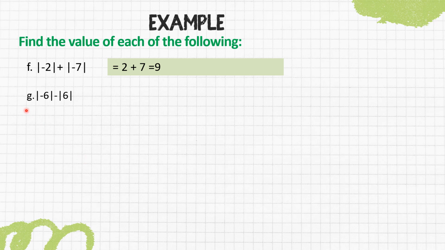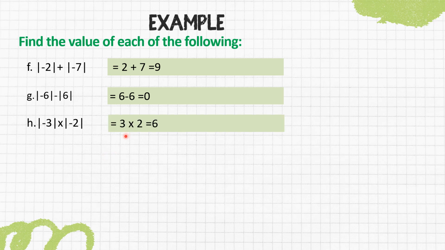And next, the absolute value of -6 minus the absolute value of 6. What will it be? It will be 6 minus 6, equal 0. The absolute value of -3 multiplied by the absolute value of -2. What is the result?